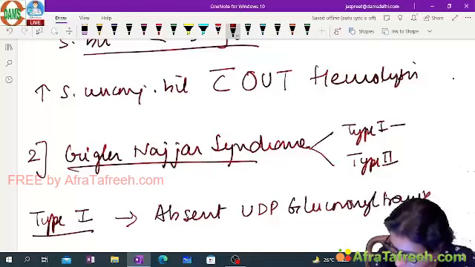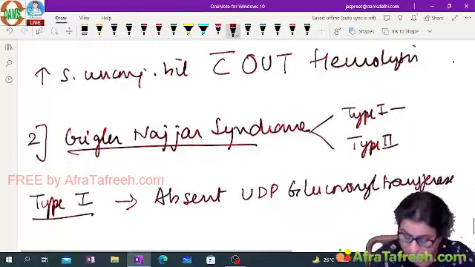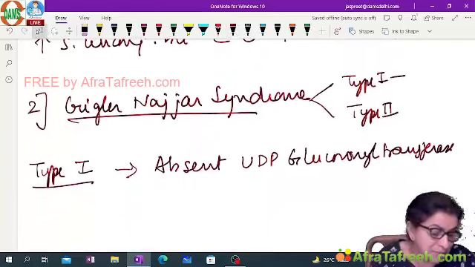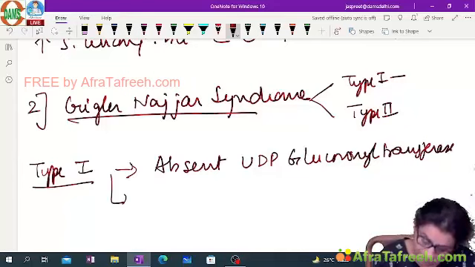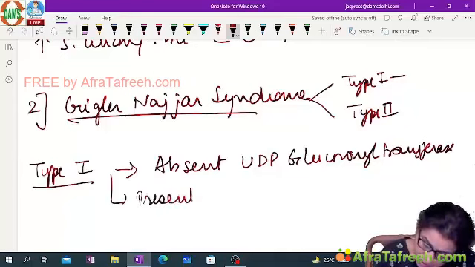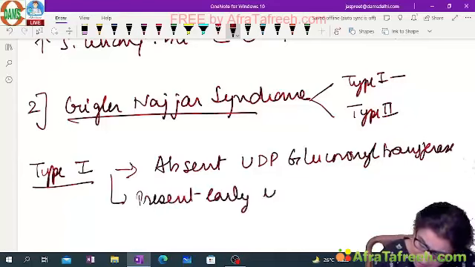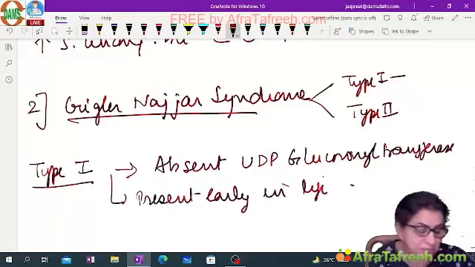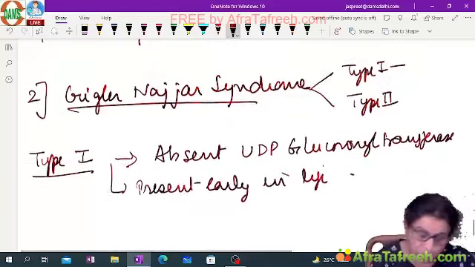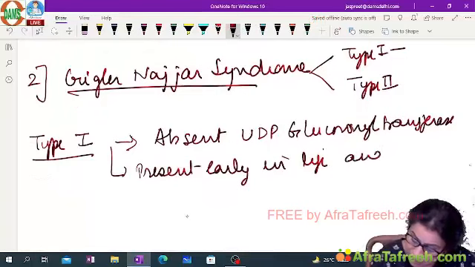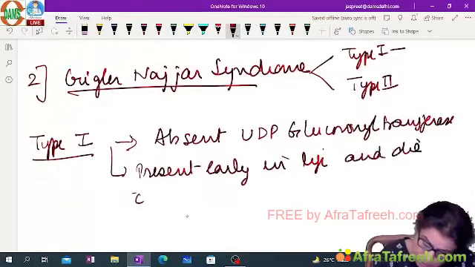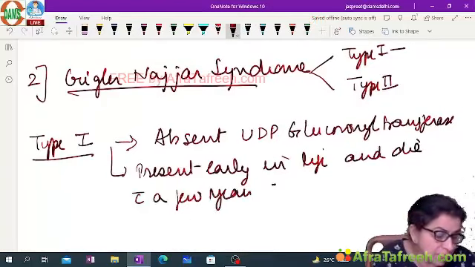So this enzyme is completely absent, and the child presents early in life. It is usually fatal; they die within a few years.